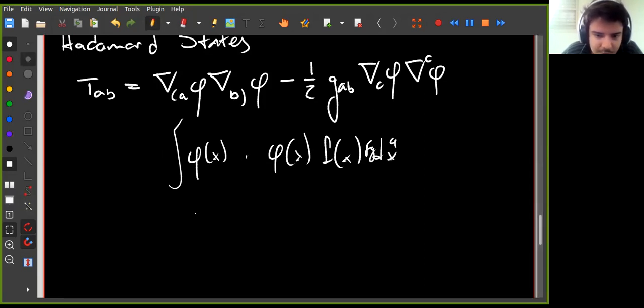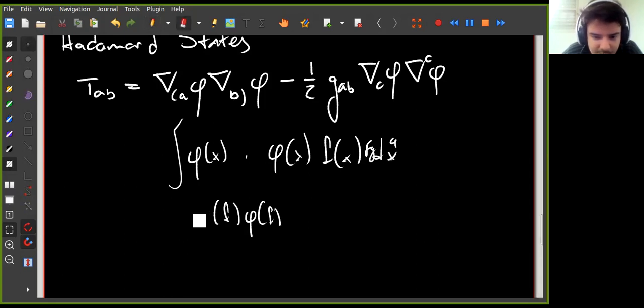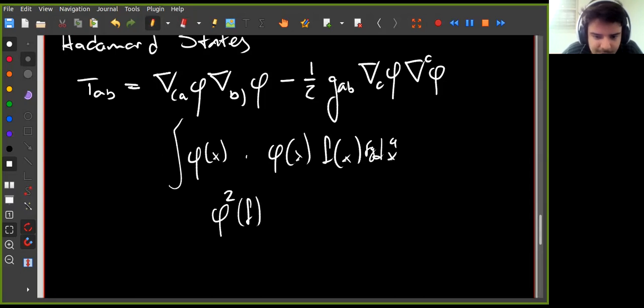If I try to smear this with a function, I'm not going to get phi of f times phi of f. I'm getting something different, which is phi squared of f, which I have not defined. And hence, we must somehow deal with this.